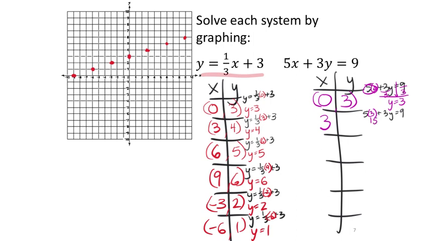So that'd be 15 plus 3y equals 9. If I solve this, I'd have to subtract 15 from both sides. Then I get 3y equals -6. Divide both sides by 3, and y equals -2. So I end up with a nice ordered pair of 3, -2, and that's good.